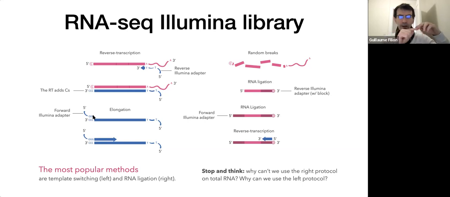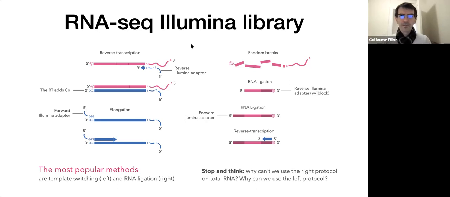So you'll bind there, and then it will elongate like that. And then, if you have put again on the 5' end whatever you need for sequencing, you're done. It's a pretty neat trick, because you have relatively simply added something you need for sequencing on the right hand and something you need for sequencing on the left hand, and you're good to go.